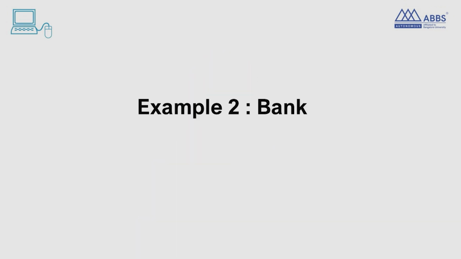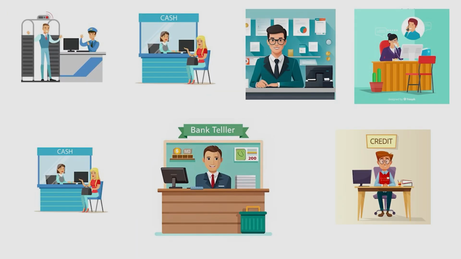So let us take another example, a bank, where we will understand how the same set of information system components vary, and the type of devices chosen in that business setup might be different. The software packages, the type of people, the way the data is treated, everything is different.